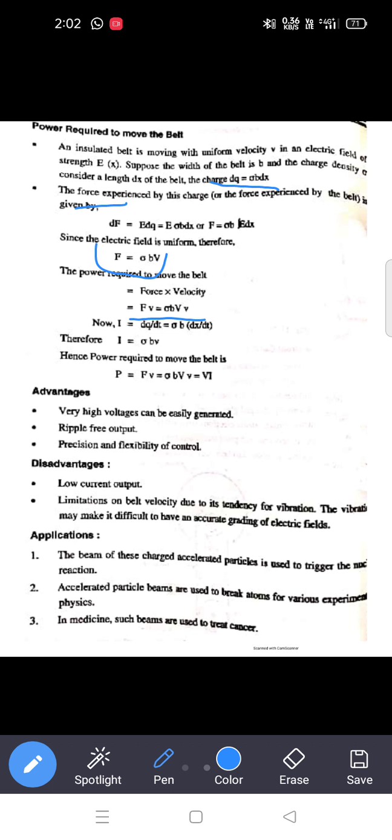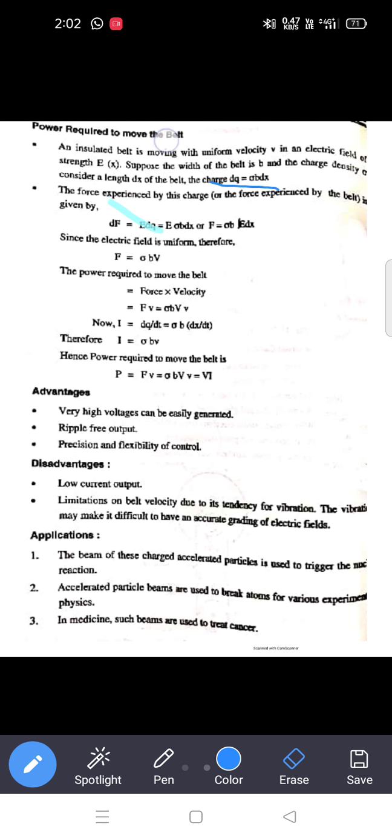Now dx by dt is distance by time, which is again velocity. So it will again give sigma b v. So the power we get is V times I. Okay, this is the power we require to move the belt to generate whatever voltage we require.